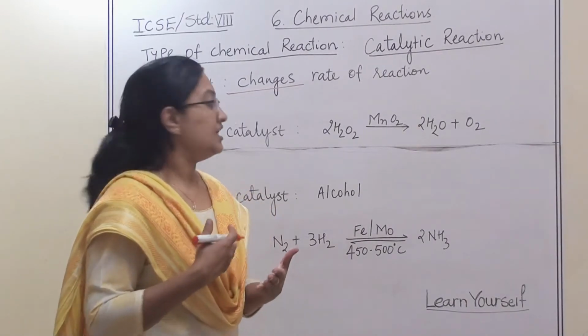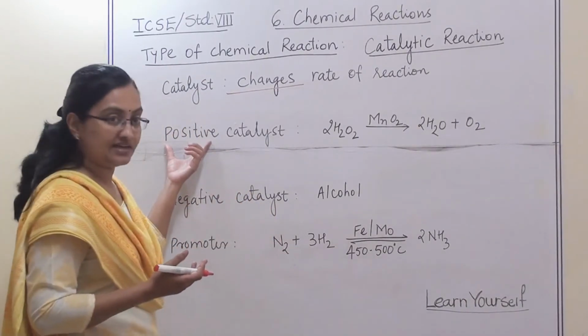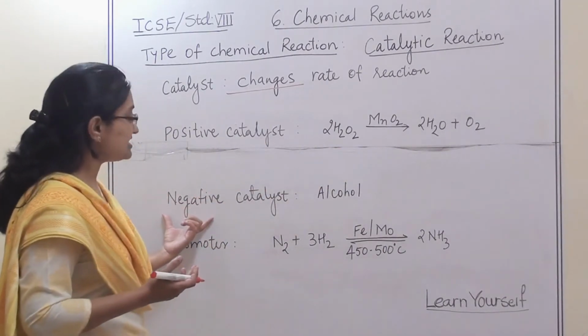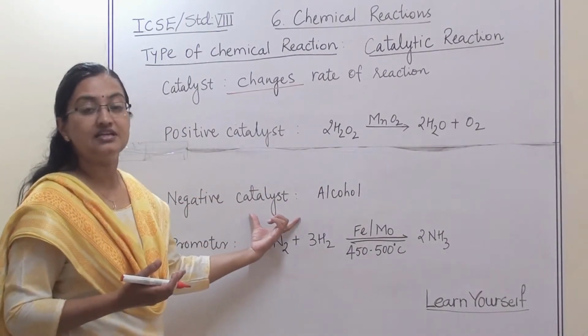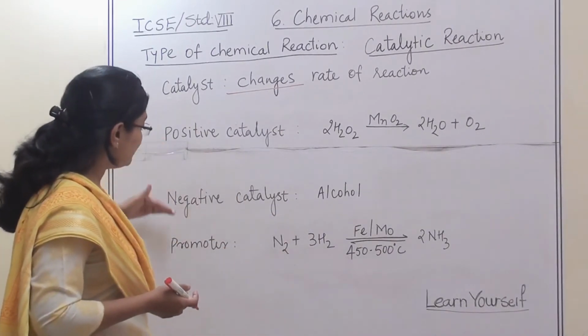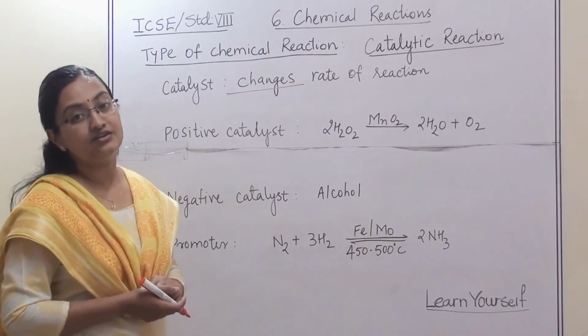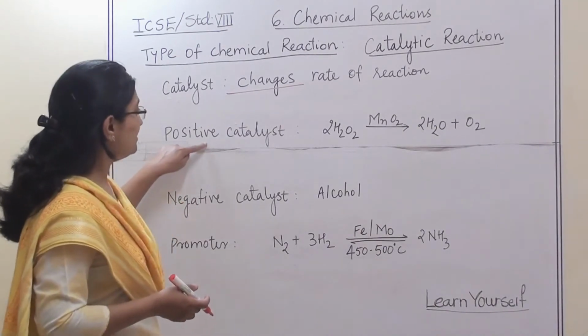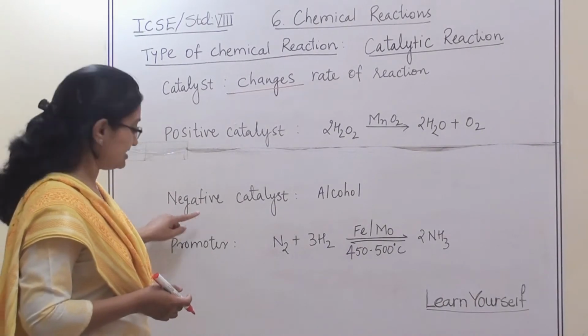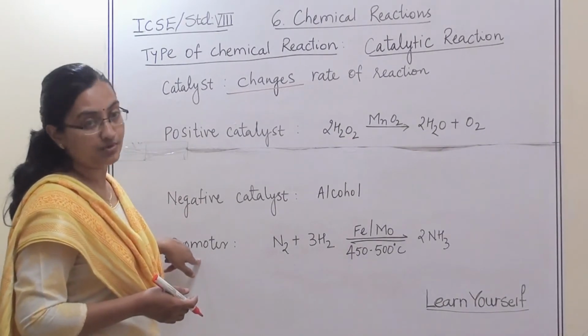If the catalyst is a positive catalyst, then it will increase the speed. If the catalyst is a negative catalyst, it will decrease the speed of reaction. Now there are a total of three types of catalytic reaction: the first is positive catalyst, the second is negative catalyst, and the third is promoter.